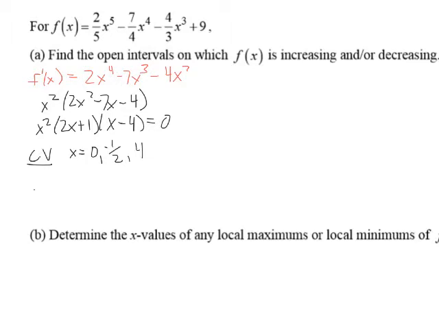So from there we'll do our number line test. We list our 3 values, -1/2, 0, and 4. And then we're going to test f prime. So we plug in, we'll say -1, and we get positive, negative, negative, so that gives us a positive answer.